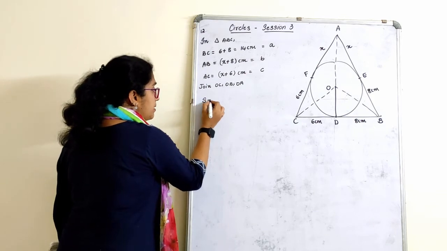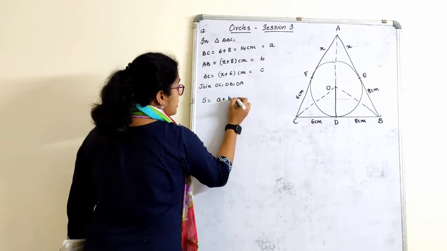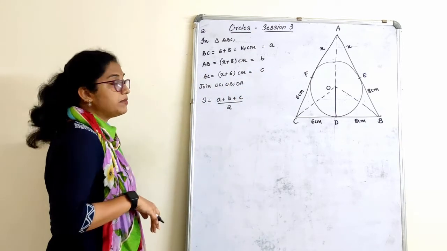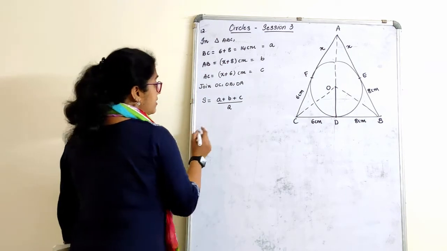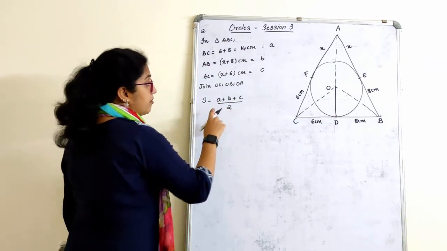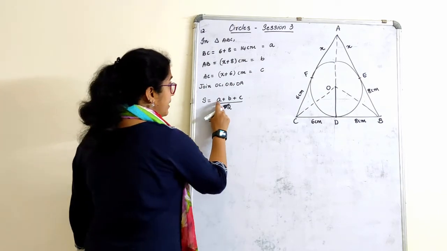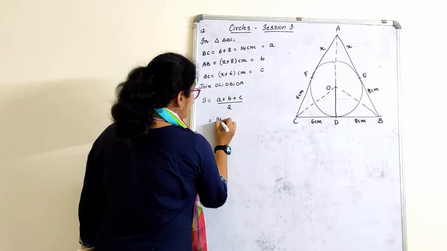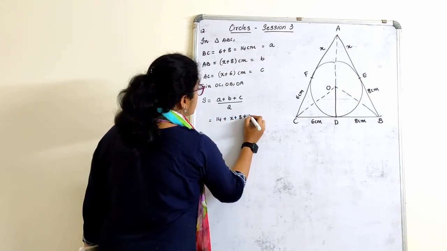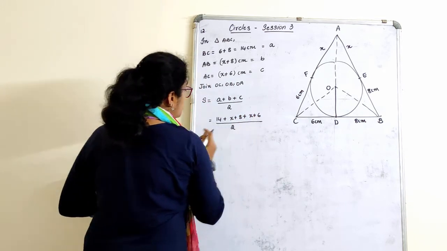Now we know semi-perimeter is equal to a plus b plus c divided by 2. That is why I named them as a, b and c for our reference. S we require to find, that is the semi-perimeter of the given triangle. You have studied Heron's formula, that is what I am applying. What is a? 14. What is b? x plus 8. What is c? x plus 6, divided by 2.